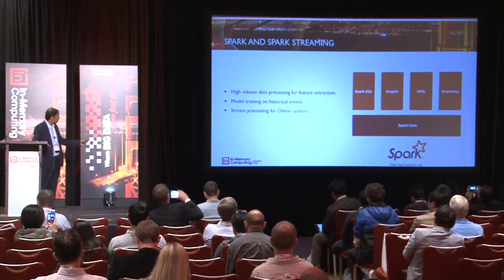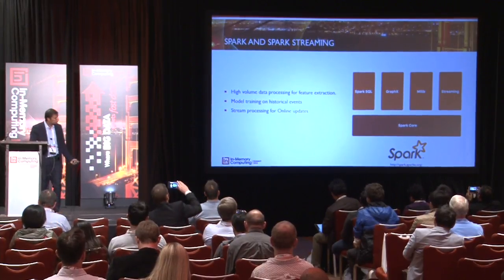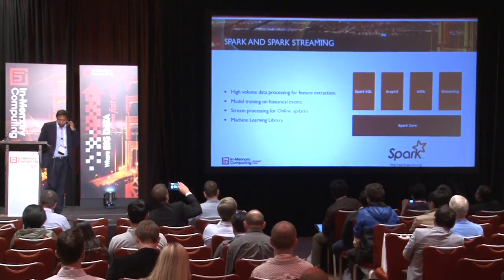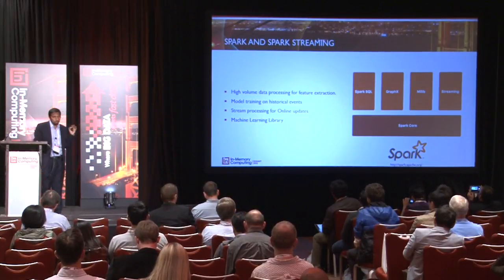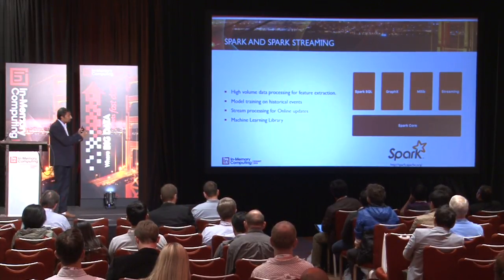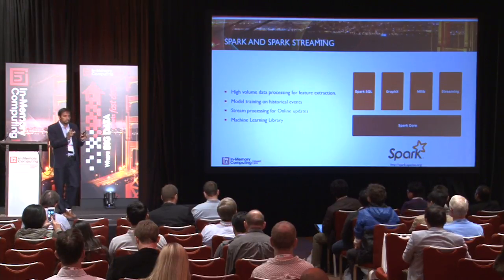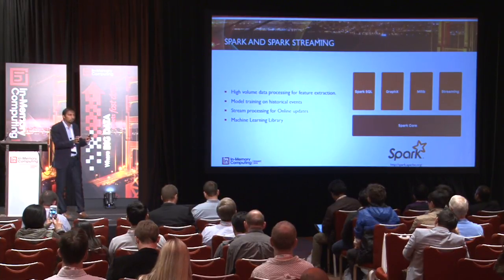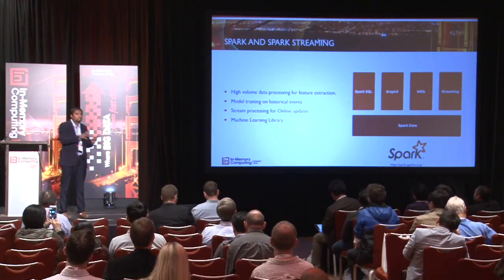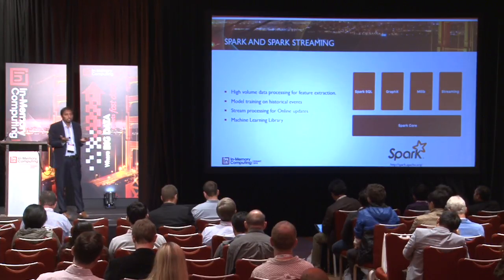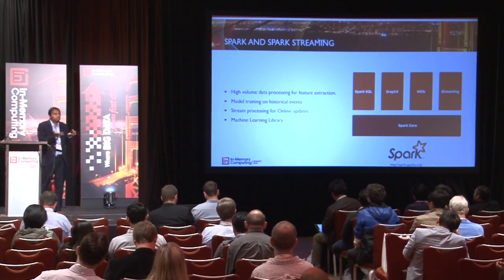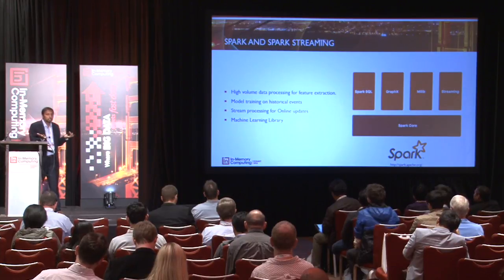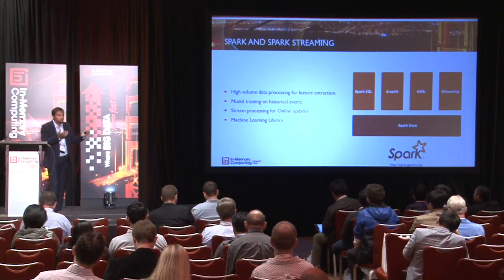The important thing for us was the machine learning library. You can build an algorithm and, with some slight modification, run it on both batch as well as streaming. So from an algorithm or model parameter fitting point of view, you don't have to modify too much, and you can run the same thing on both systems.